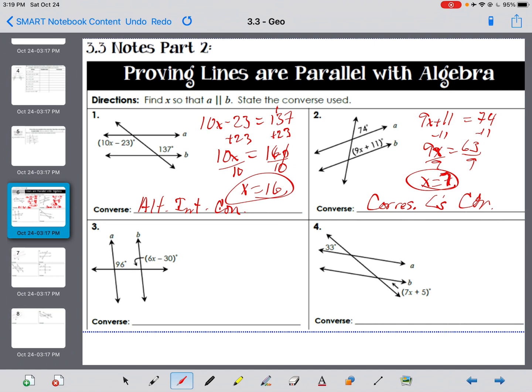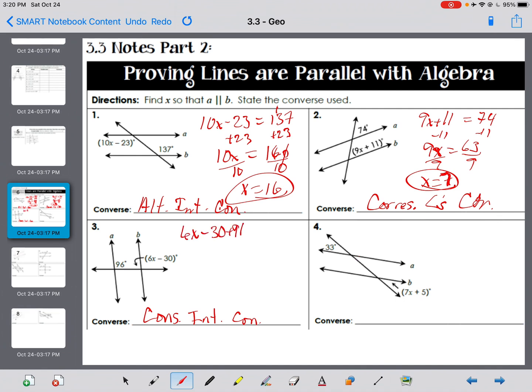And let's see here. Number 3. Those are interior angles, and they are on the same side. So that's going to be consecutive interior converse, which means that 6x minus 30 plus 96 is supposed to equal 180.